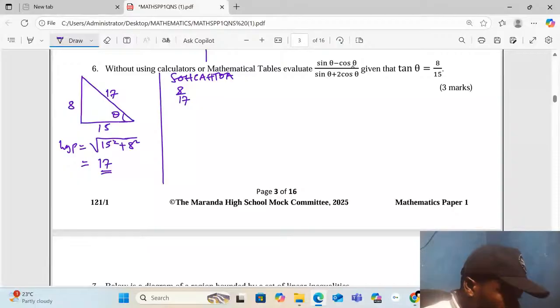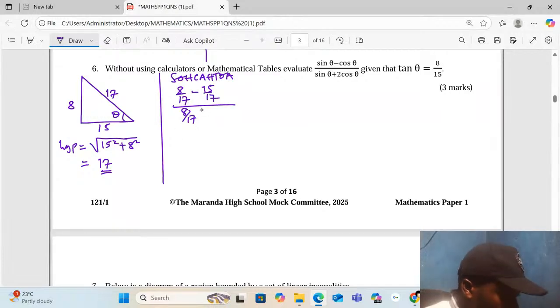Now minus cos theta, which is adjacent over hypotenuse, so we have 15 over 17, over sine theta, which is 8 over 17.